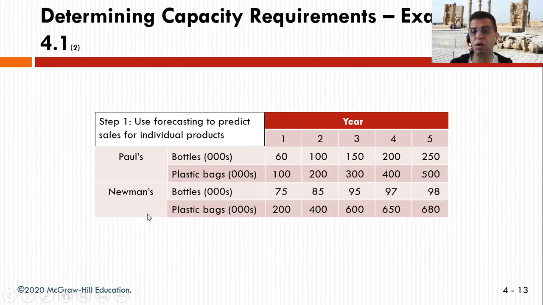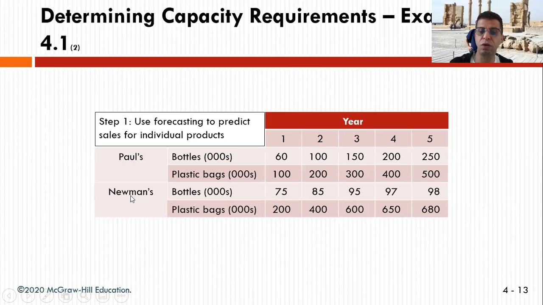Now we need to know about the sales prediction. So the first step, you use forecasting to predict the sales for individual products. For example, in the first year, for Paul's we need 60,000 in bottles, and in the plastic type we need 100,000.